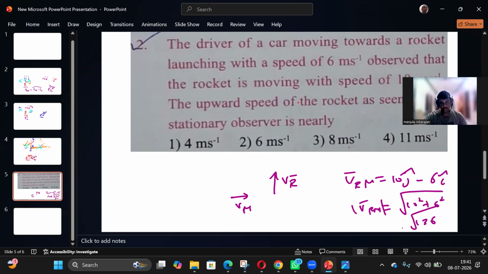Oh, just the upward speed? The upward speed is going to be seen by the man. So he's not asking the magnitude of this one. The upward speed of the rocket he is asking, it's 10.